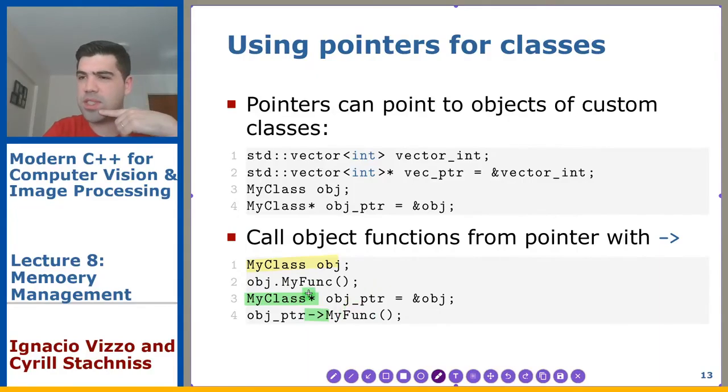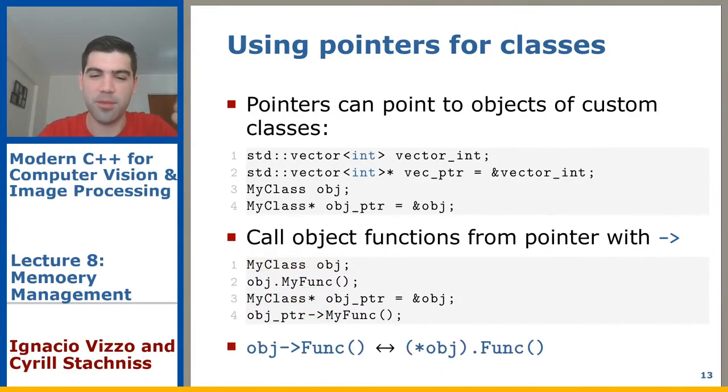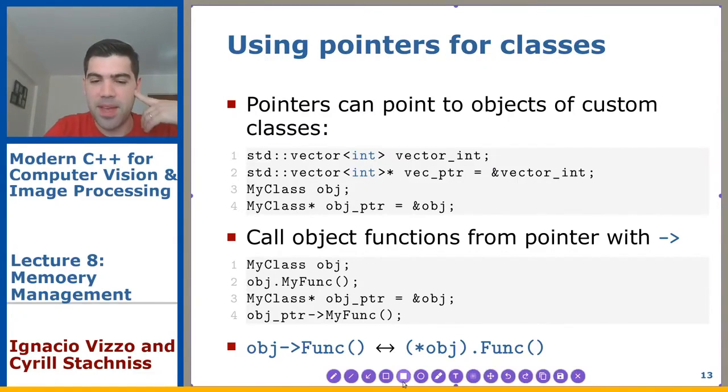So the syntax is slightly different, but behind the scenes it's the same idea. This is nothing funky to worry about. So this is basically what's going on. When you do this operation, what is happening behind the scenes is that you're dereferencing the pointer, the object here, and when you do this, you basically get the object.